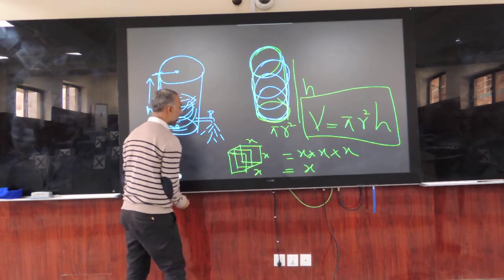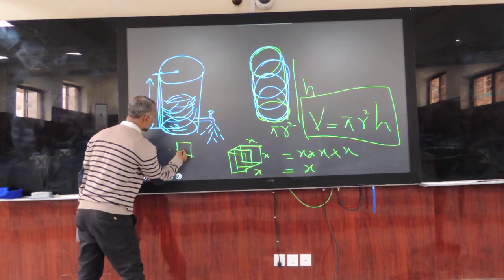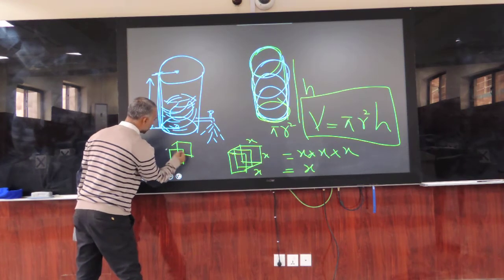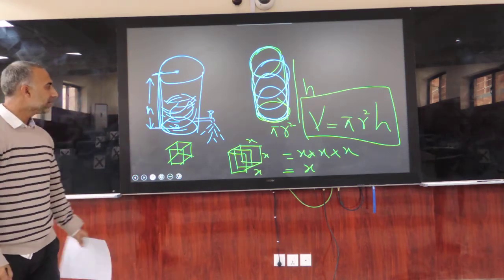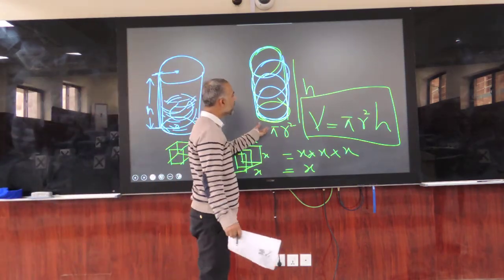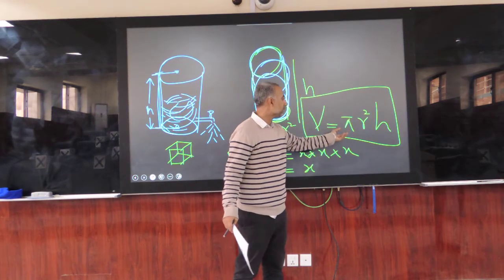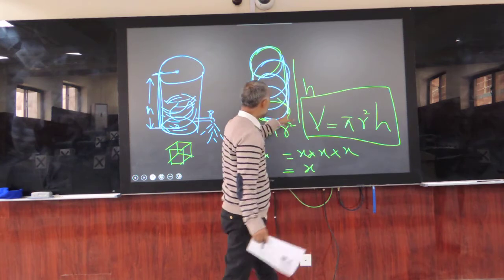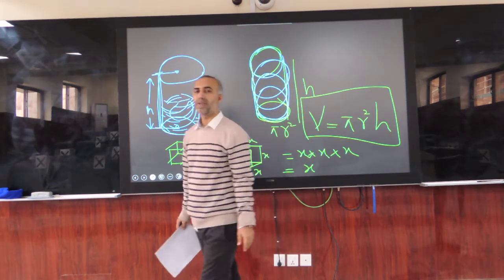Similarly, a cylinder is formed by many concentric circles connected to one another, and these many circles attain some height. So this is the volume of a cylinder.